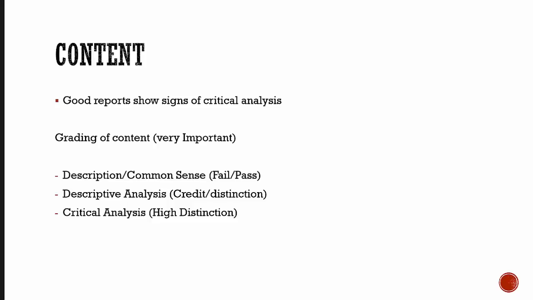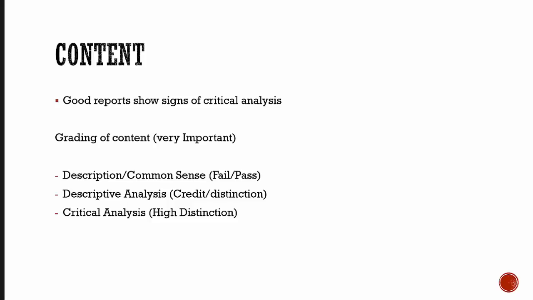This is what a lot of you will do for a lot of your assignments. You look at the literature and you say, this is an example of this, and this is what the literature says about that. Basically, you're showing a sign of what we call descriptive analysis. You're sticking a label on something. This thing happened. I'm using the label fundamental attribution error and giving you a reference. That's what we would define as descriptive analysis.